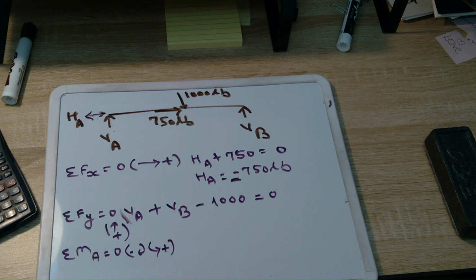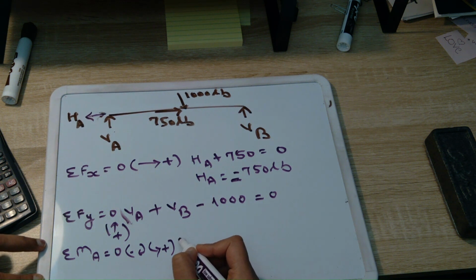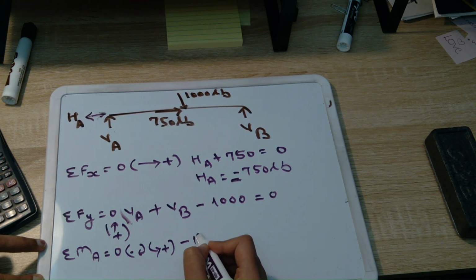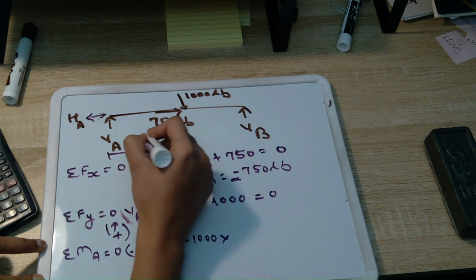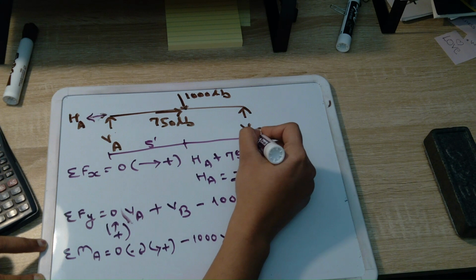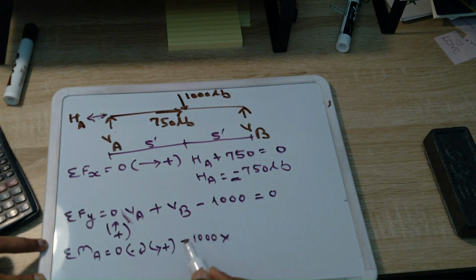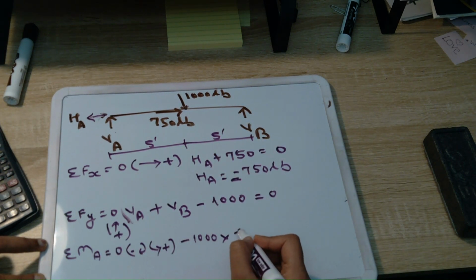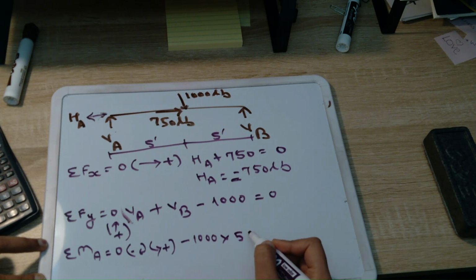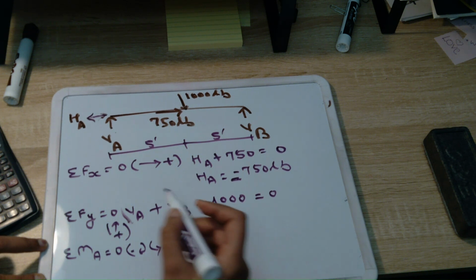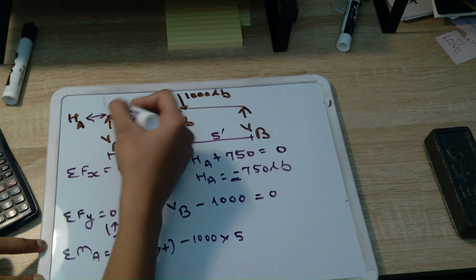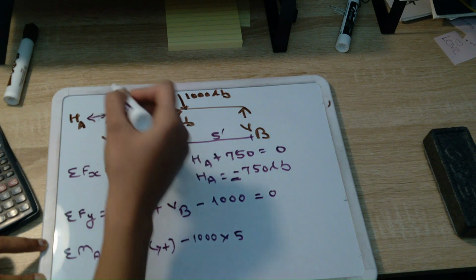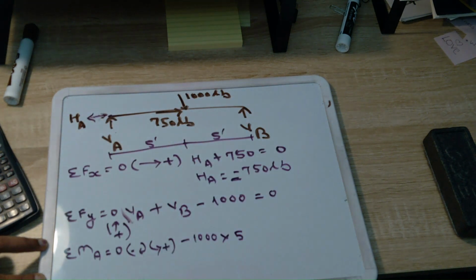So by applying equations we get minus 1000 into this distance is 5 feet, minus 1000 into 5 feet. Now these two forces and 750 lb pass through the support A or point A, so moment produced will be 0.